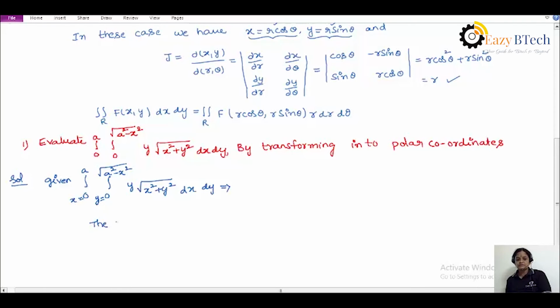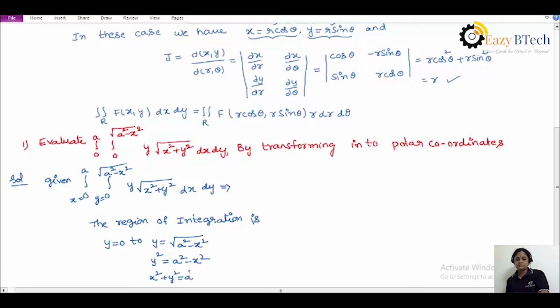Then the region of integration is found by using the limits only. y is equal to 0 to y is equal to root of a square minus x square. If you square both sides, you will get y square is equal to a square minus x square. That means x square plus y square is equal to a square. Similarly, the x limits are x is equal to 0 to x is equal to a.